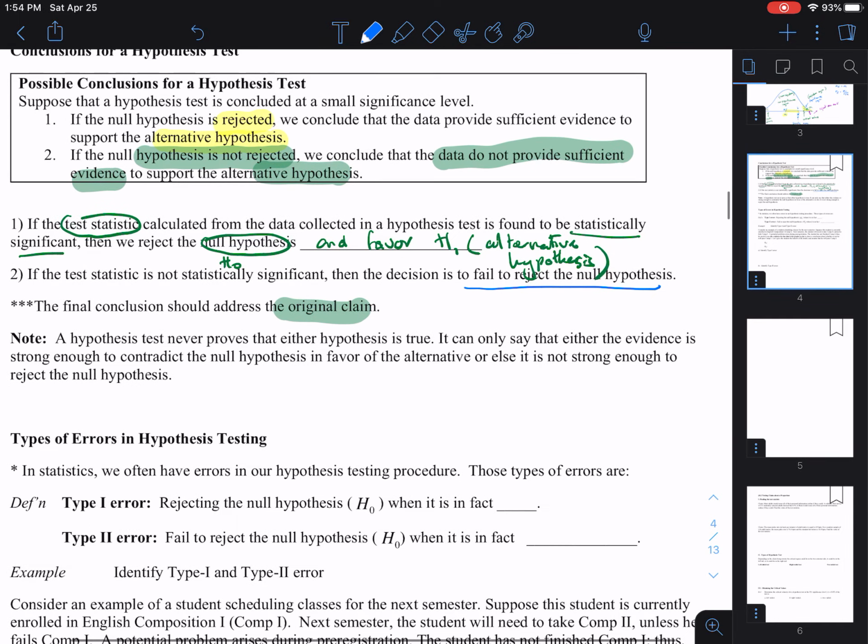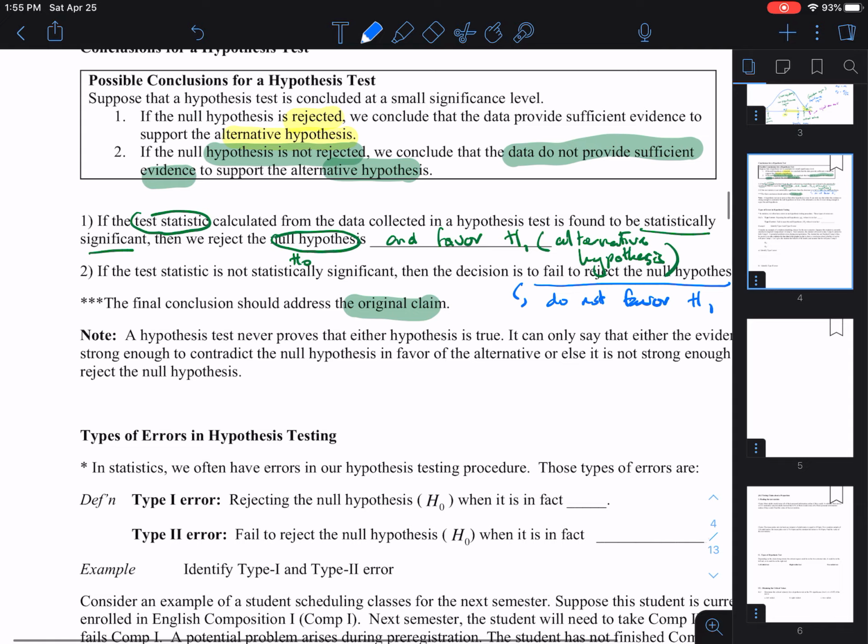If we fail to reject the null hypothesis, we do not favor the alternative. If we reject the null hypothesis, we go with the other explanation. And if we don't reject the null hypothesis, then we cannot favor the other explanation. So it's either support the null or support the alternative. It's one of those two things.